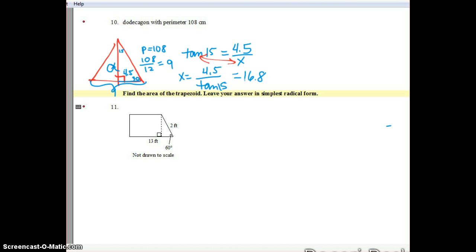To find the area, we need area is 1/2 the apothem times the perimeter. We said the apothem is 16.8. They gave us the perimeter of 108, and we'll just put it in our formula.